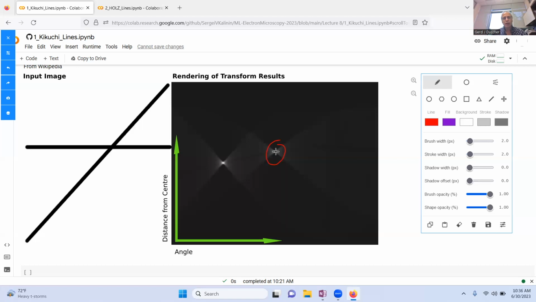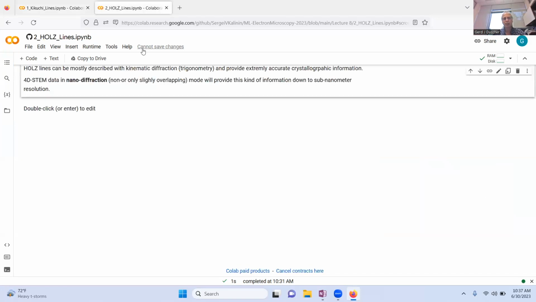Now, don't try to do anything now. You have it already in the perfect description, right? So you can directly compare the Hough space with the simulation by just going into polar coordinates and halving your distance from the center. And that is true for both the Kikuchi lines and the Waltz lines.